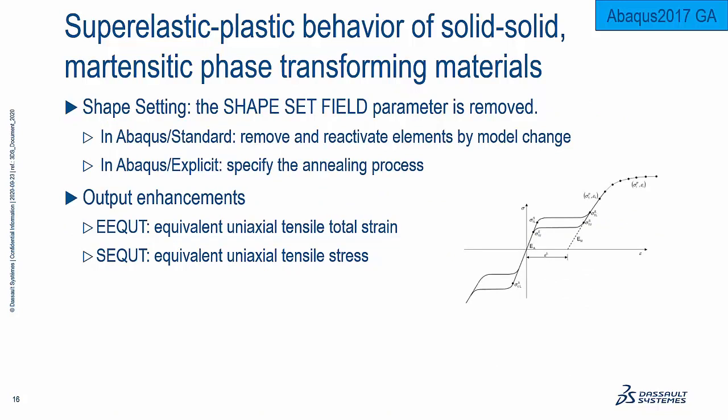So in both cases, this material model can effectively capture not only the super elastic plastic material, but also the shape memory functions for the materials as well. And as is the case with most highly specific material models in Abaqus, we have specific output requests that are unique to those materials.